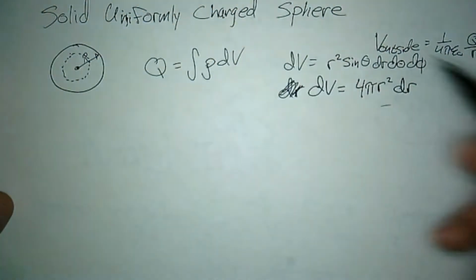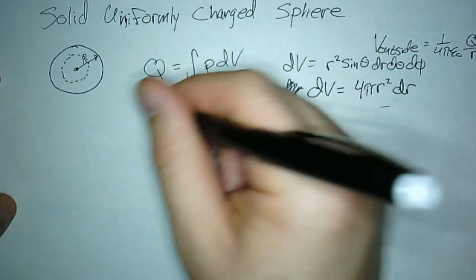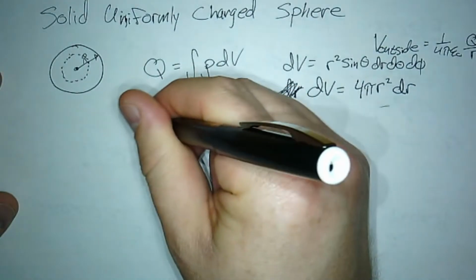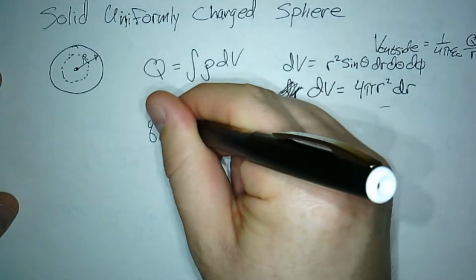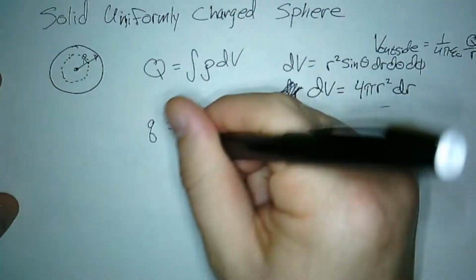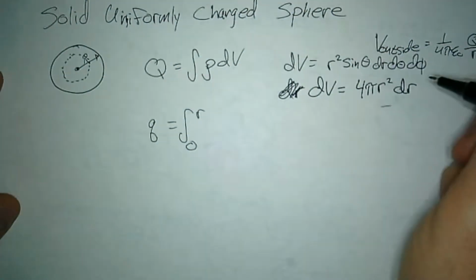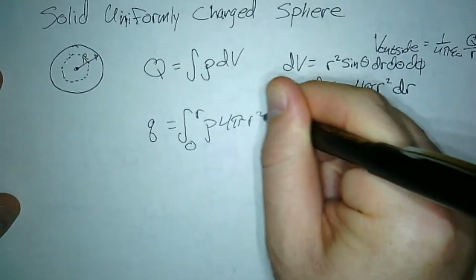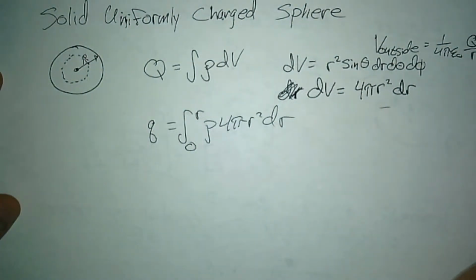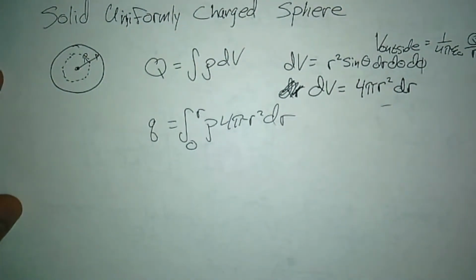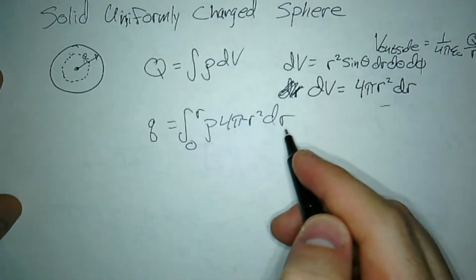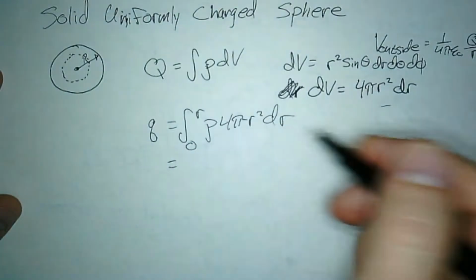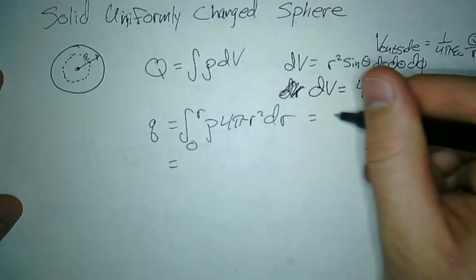All right. So let's go ahead and put that in, because we're not looking for the total charge. We're looking for a smaller bit. So I'm going to call it little q. And we're going to integrate from 0 to r of rho times 4 pi r squared dr. So in this case, for the charge I'm enclosing, the 4 pi and the rho can come out, and I can just integrate.